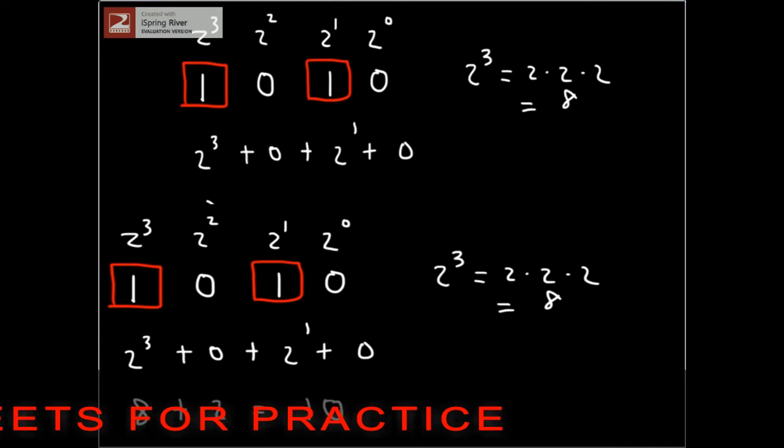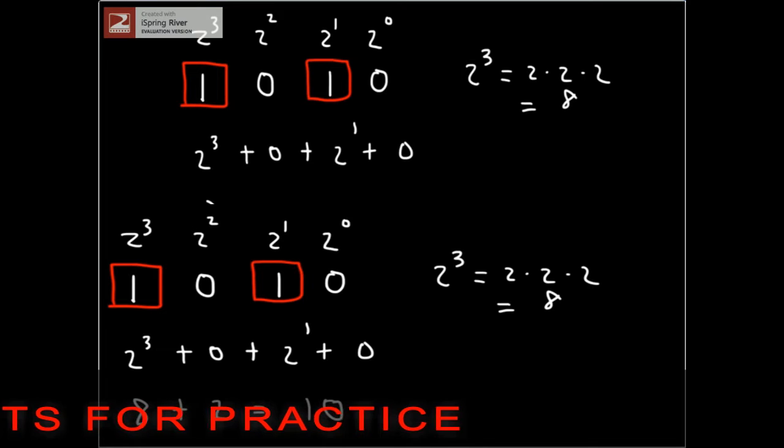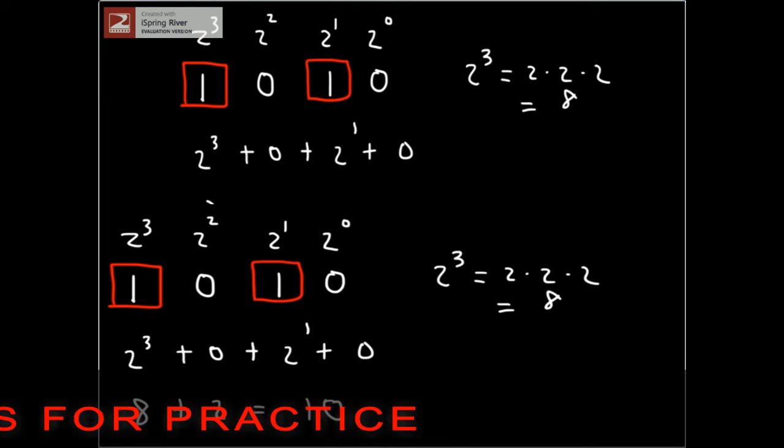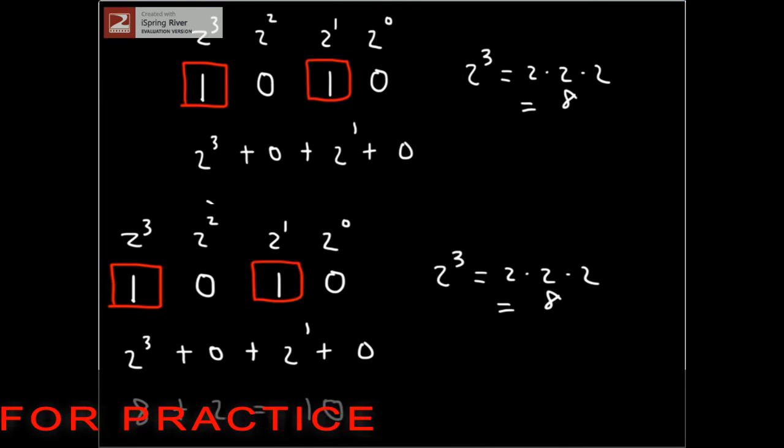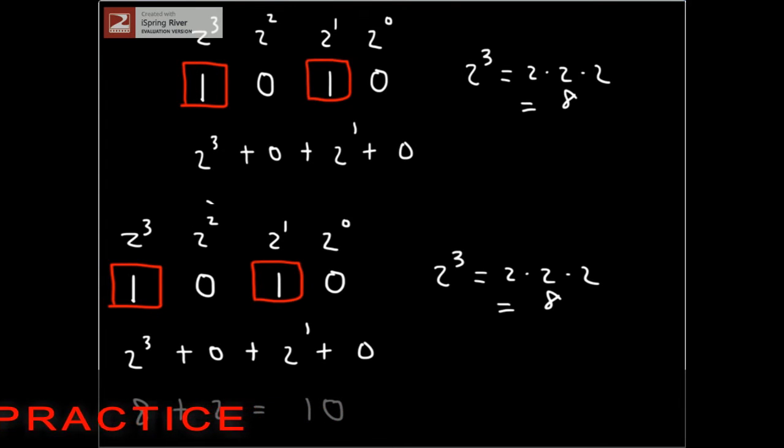Now multiplying 0 with 2 power 0, it will be 0. 1 multiplied by 2 power 1, it will be 2. Again multiplying with 0, it will be 0. And 1 multiplied by 2 cube. 2 cube is equal to 8.